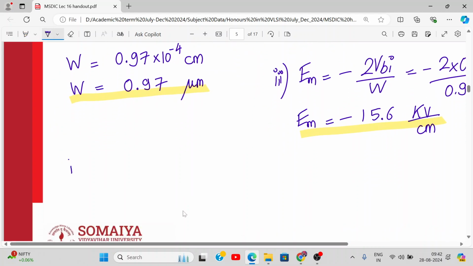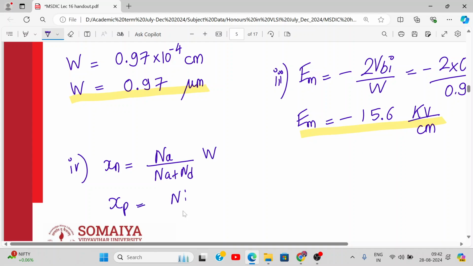Do you know any formula? XN is NA upon NA plus ND into W, and XP is ND upon NA plus ND into W. This we have seen last time. So calculate it now. This is directly available.